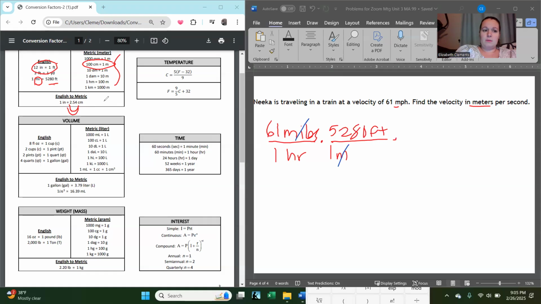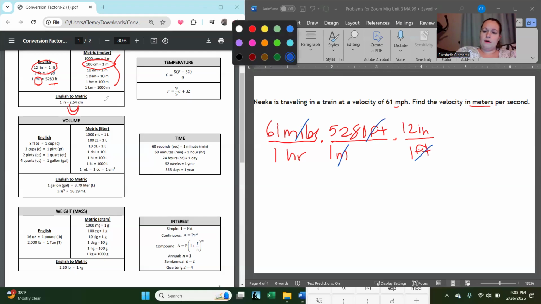I need feet gone. So I have 1 foot equals 12 inches. That's gone. And then I need inches gone. So inches, I have 1 inch is equal to 2.54 centimeters.